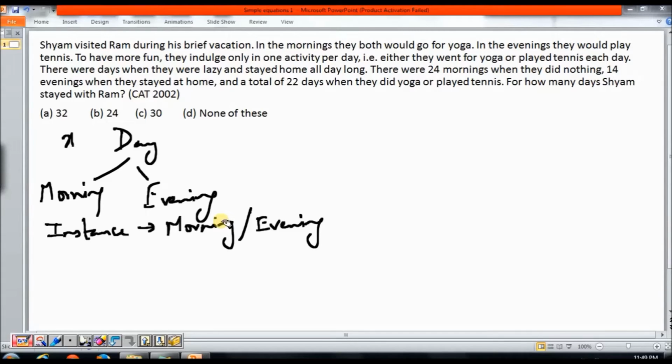So, we know that Ram and Shyam stayed together for around X days, in which they did yoga or played tennis for 22 days. They did not do anything on 24 mornings and did not do anything on 14 evenings.